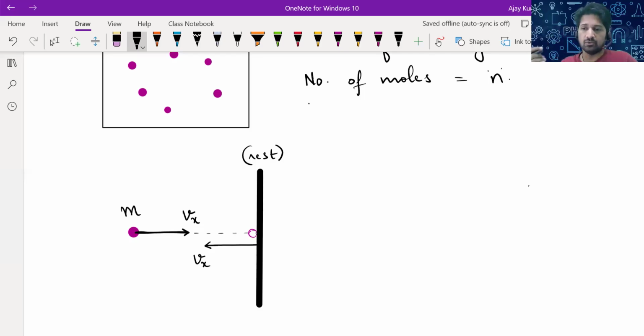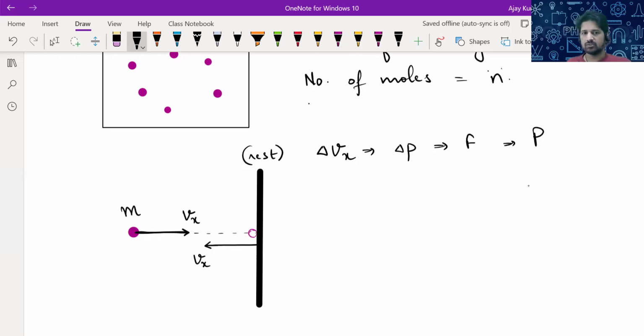That can be related to force and that can be related to pressure. That is what we are going to do. So based on the change in velocity in the x direction, we will express the change in momentum. From that, we can express force, and from that, we can express pressure. That is the procedure we are going to follow.